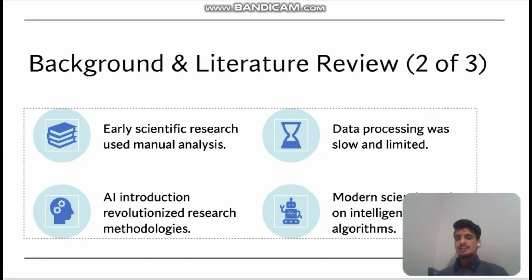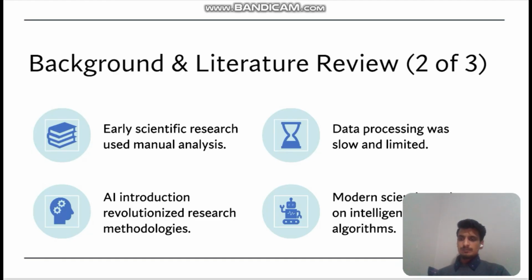When AI revolutionized this era, the researchers saw that AI does their work in just one or two minutes. So the researchers think that AI will help them complete their research. That's why the researchers use AI and do not do the data manually.